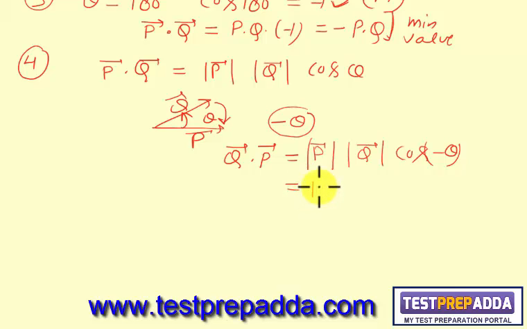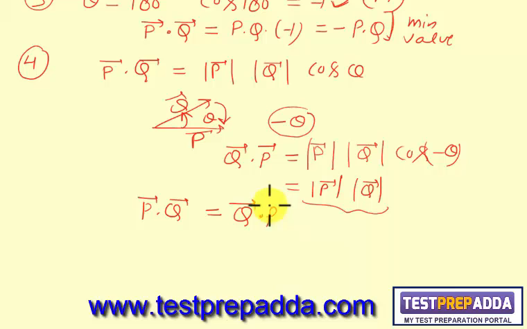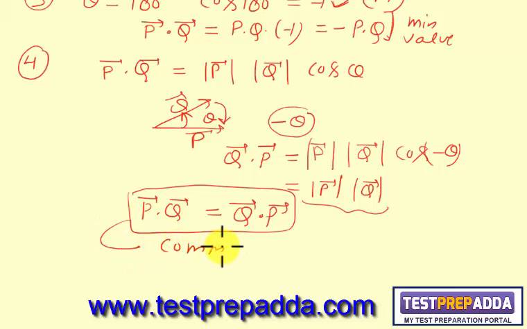So it will be vector P modulus, vector Q modulus. And that is why we say P dot Q is equal to Q dot P. This is called commutative law.